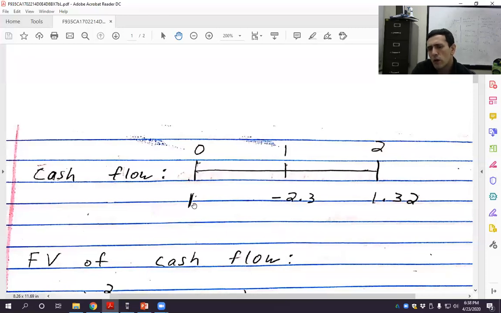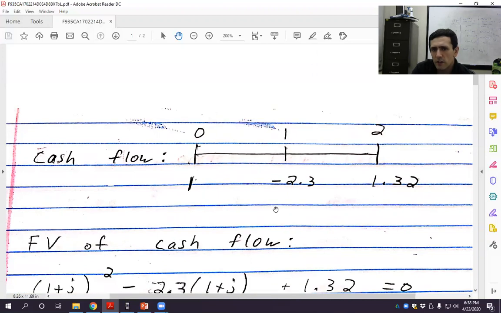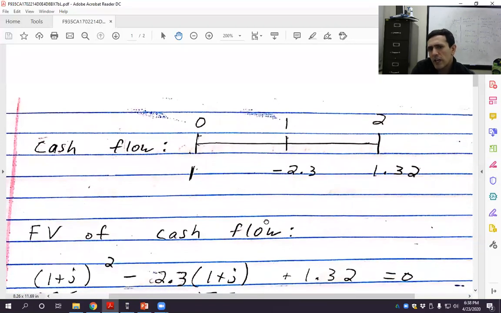All right, so this $1 is going to accumulate 2 years of interest at some effective annual interest rate J, essentially. So like I said, you really should think of an internal rate of return as an investment interest rate.